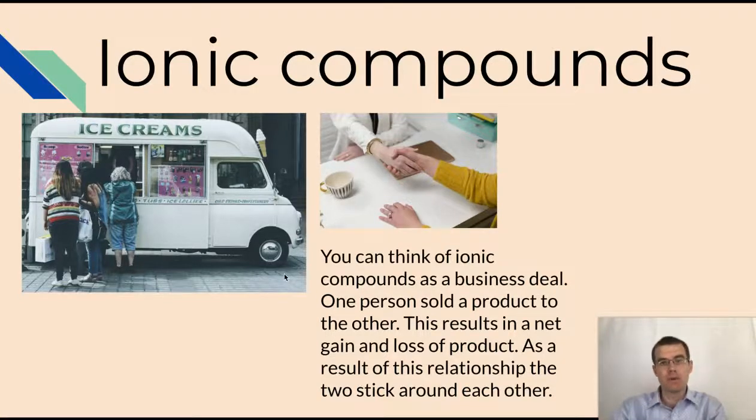So the person selling the product lost it, the person buying the product gained it. As a result of this relationship, the two stick around each other. So people stick around ice cream trucks because they're buying ice cream. Or you would go somewhere where you're doing business. And so what ionic compounds end up doing is they have these positive and negative charged particles that stick around each other.